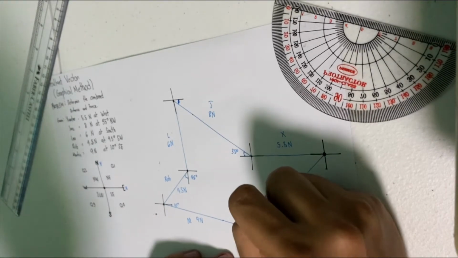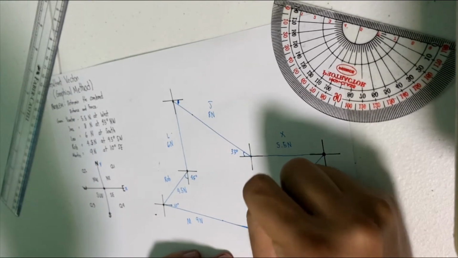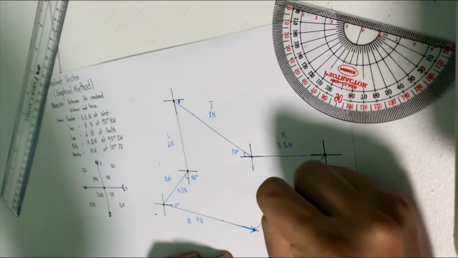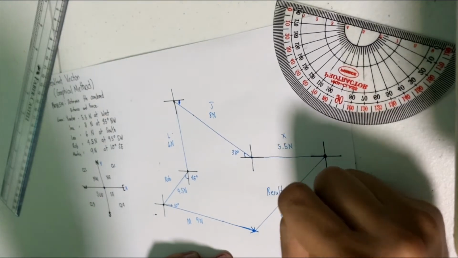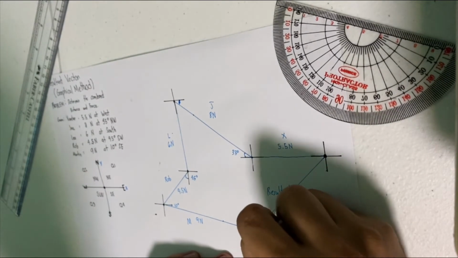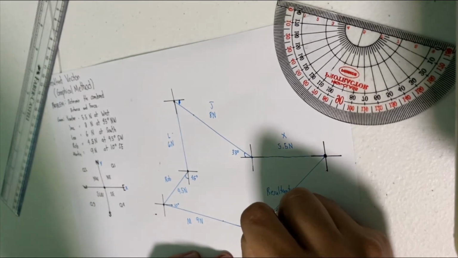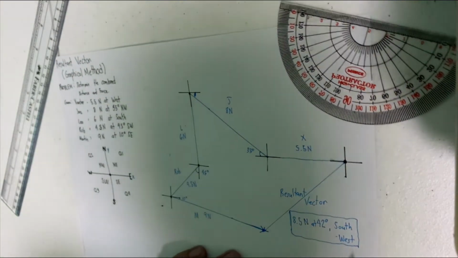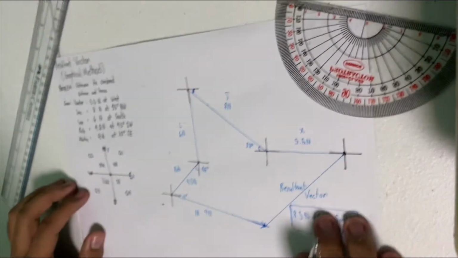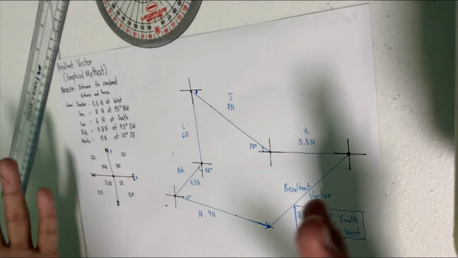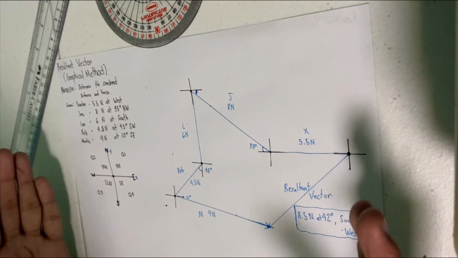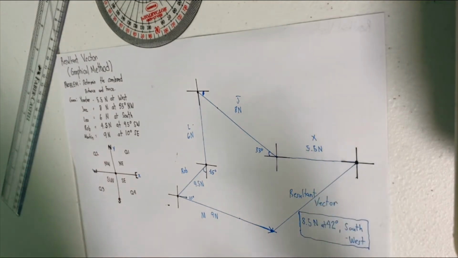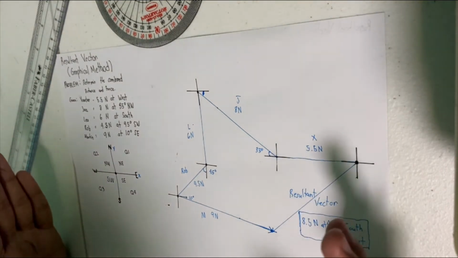So this is the resultant vector. So here you go. This is the graphical method. I will put a picture here for you to see the scanned photo of this graphical method.